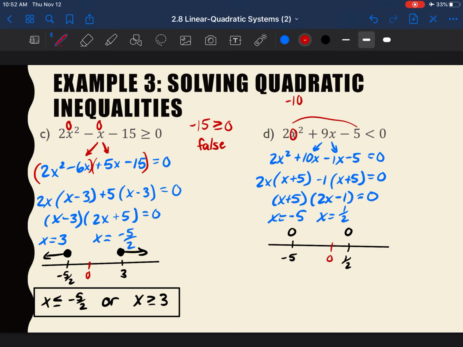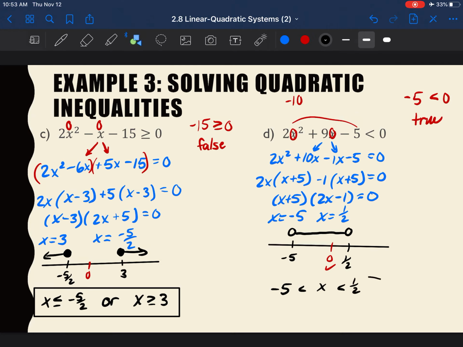So plug in a 0, plug in a 0. So 0 plus 0 minus 5 gives you -5 less than 0, which is a true statement. Therefore, the test point does work, so that is part of the solution. So the solution then is going to be -5 less than x less than 1/2.